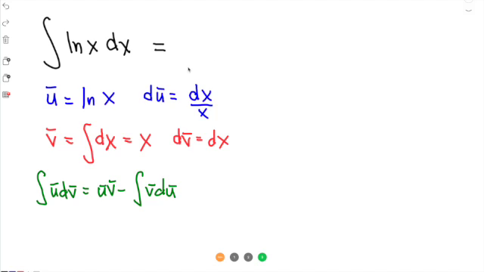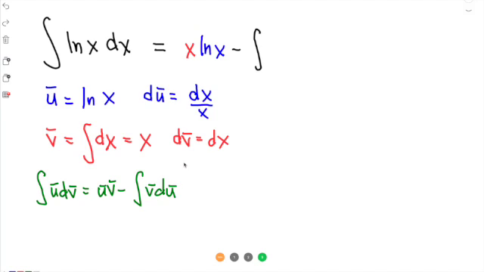Okay, so u bar is equal to ln x. So let me write first the uv bar, so that would be x ln x, that's the first part, minus the integral. What is our integral?